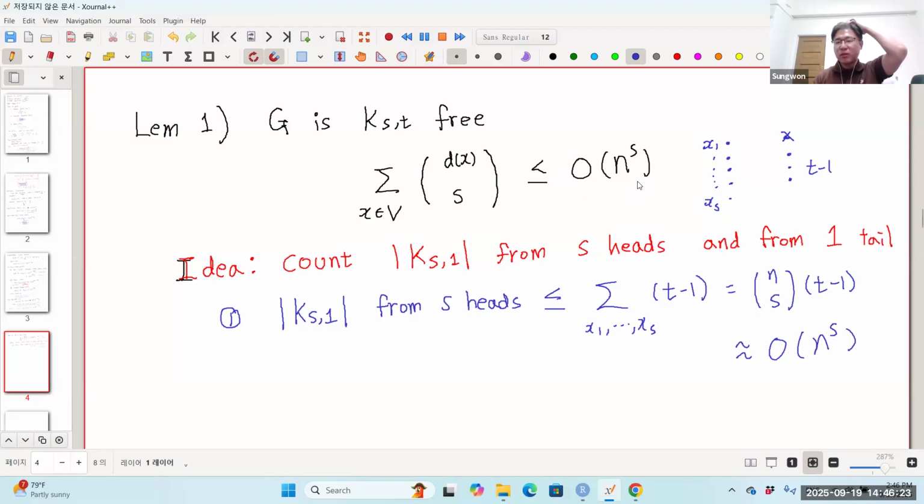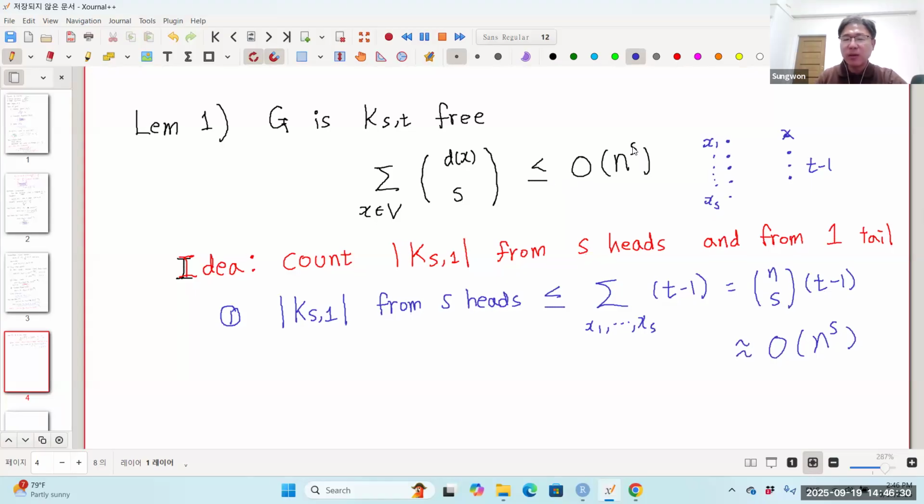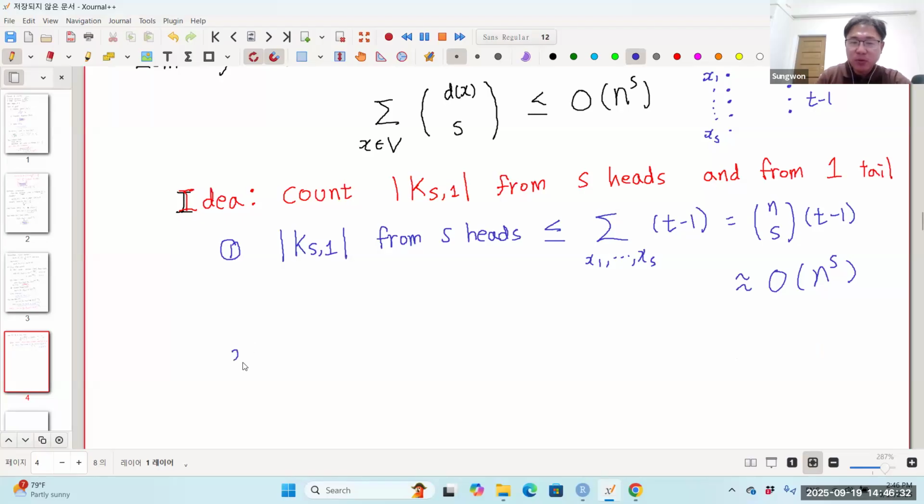That's coming from the right. That tells you the right hand side. On the other hand, if you count K_{s,1} from the tail, one tail, then this is equal to the sum over each vertex x in V, each vertex should have s.